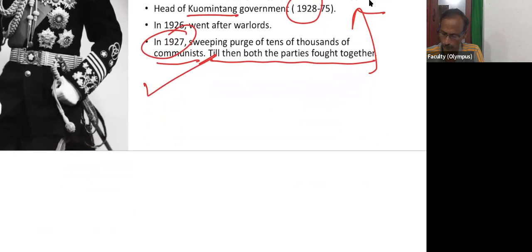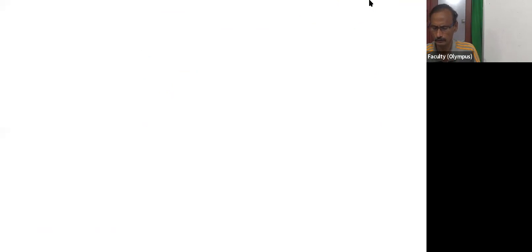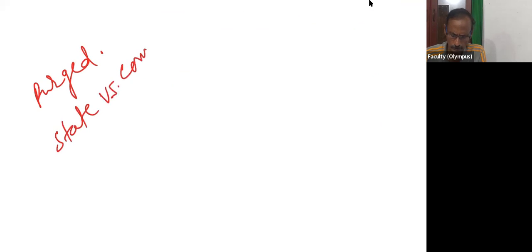Sure. Okay, now communists versus nationalists. So communists were purged, and state versus communists now.